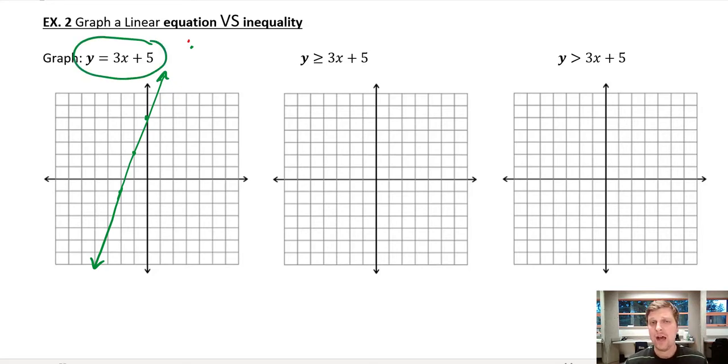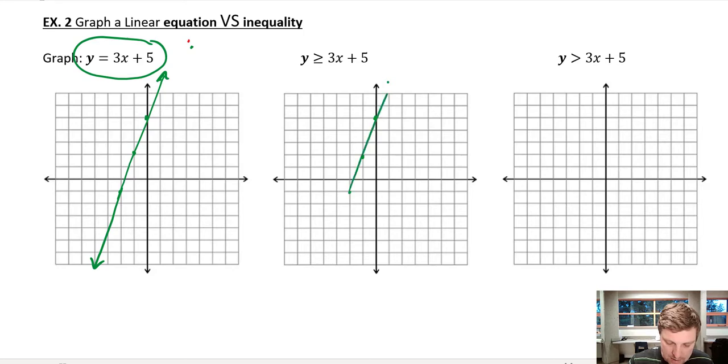And so if I have an inequality, like for example, y is greater than or equal to 3x plus 5, what we're saying is it can be equal to 3x plus 5, or it can be anything greater than that. And so I would graph my same function. I'll just plot these points here, over 1, down 3, and so on.